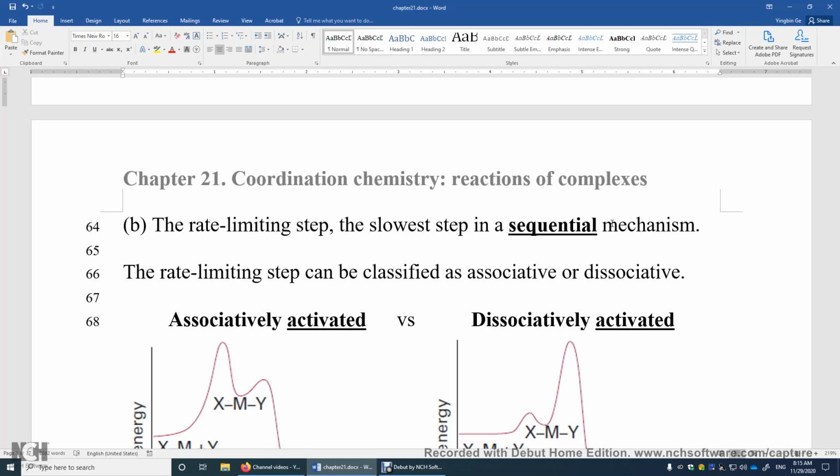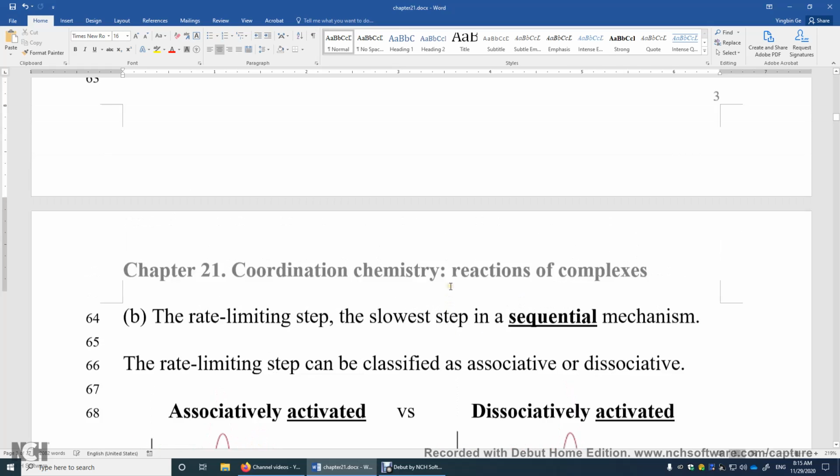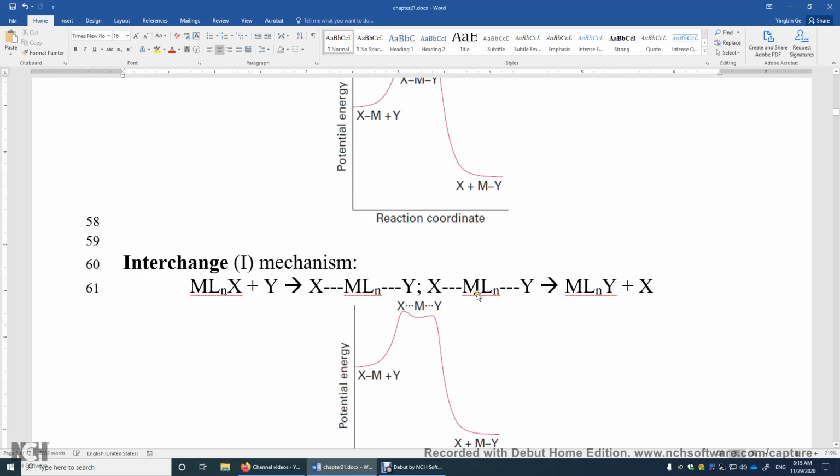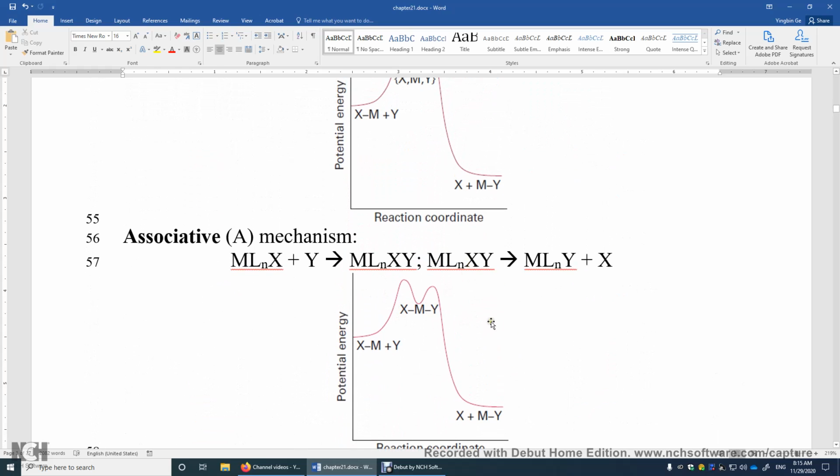So now let's look at the associative, dissociative, and interchange mechanisms in the previous subsection A. This is sequential, so if you break this channel, it's going to stop here. You're not going to form the product. Same here. If you break here or break here, you're not going to form the product.